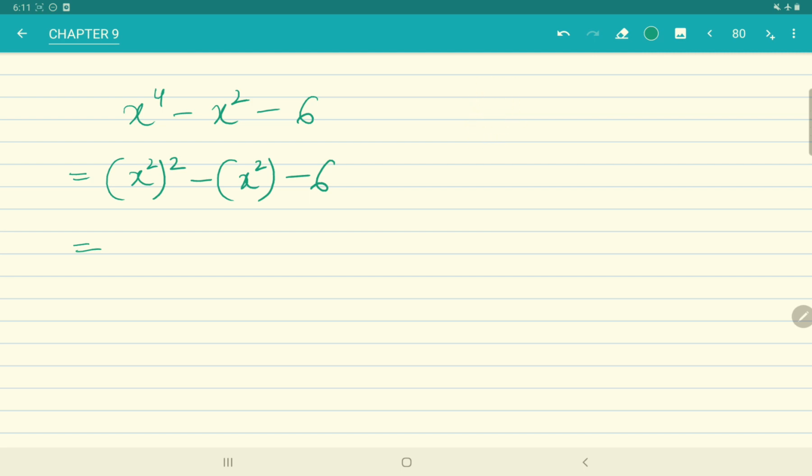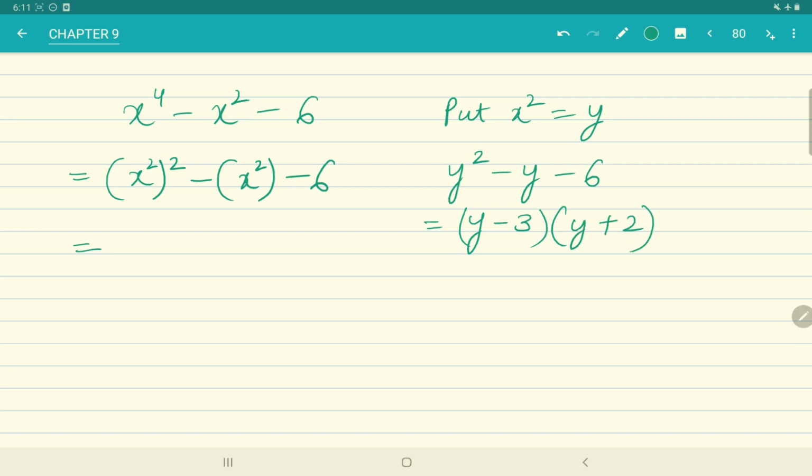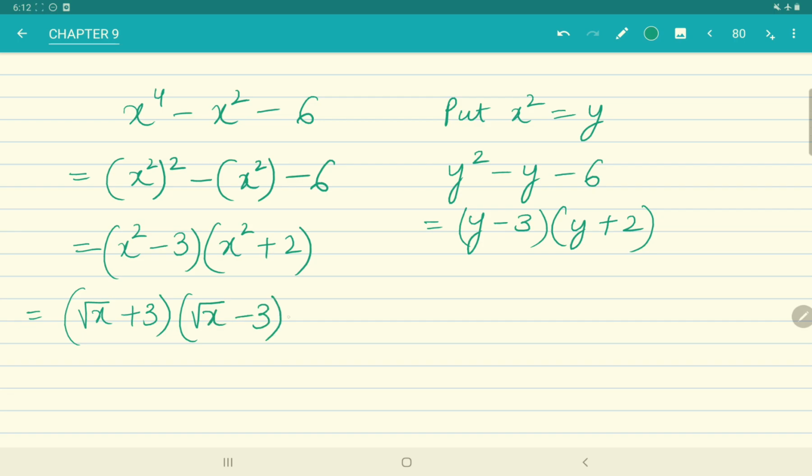If x squared is equal to y, I have y squared minus y minus 6, that is equal to y minus 3 times y plus 2, and that means I can now write this as x squared minus 3 times x squared plus 2, and this can then be written as x minus root 3, x plus root 3, multiplied by x squared plus 2.